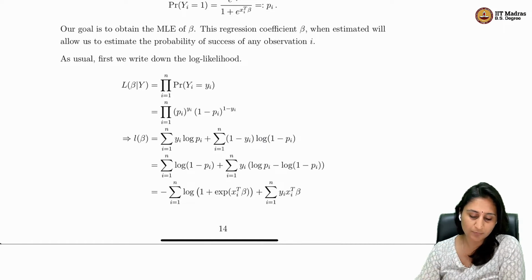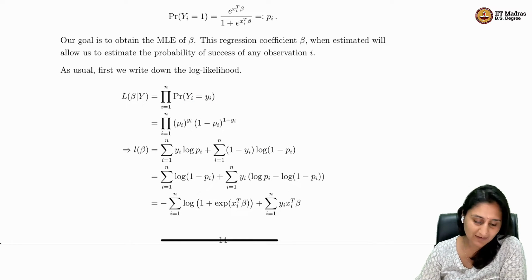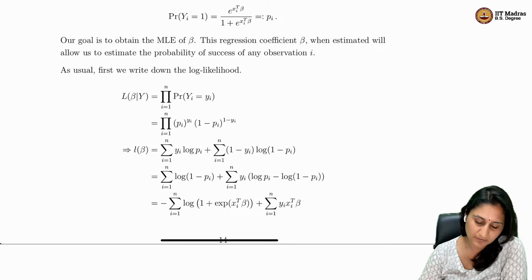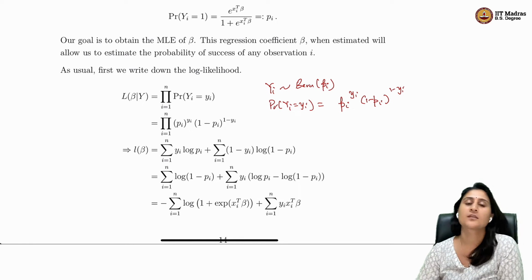Since yi is distributed according to Bernoulli pi, I know that the probability that capital Yi takes a value small yi is pi to the power yi times 1 minus pi to the power 1 minus yi.